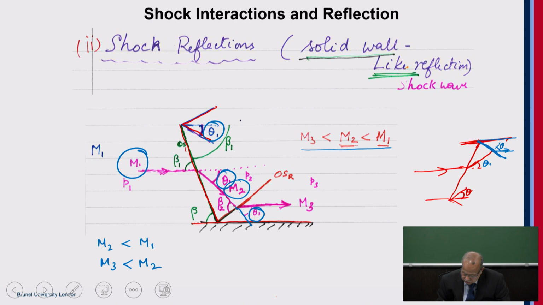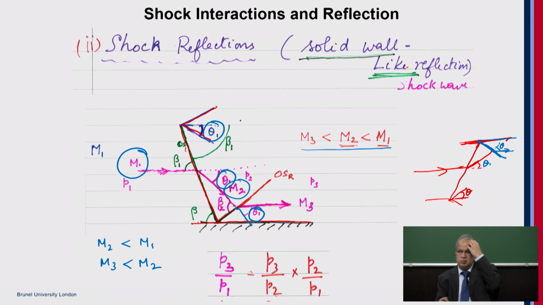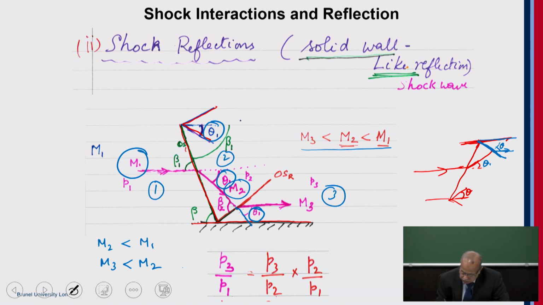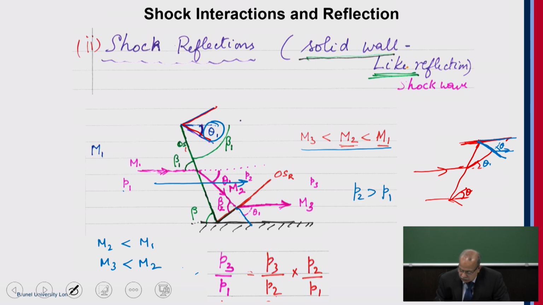The overall strength of the shock is assessed by the pressure ratio, static pressure ratio. What's the overall strength of this one? This is P3 by P1. So here it is 1, 2, and 3. Moving from 1 to 2, the pressure P2 will increase for the reasons we discussed this morning.